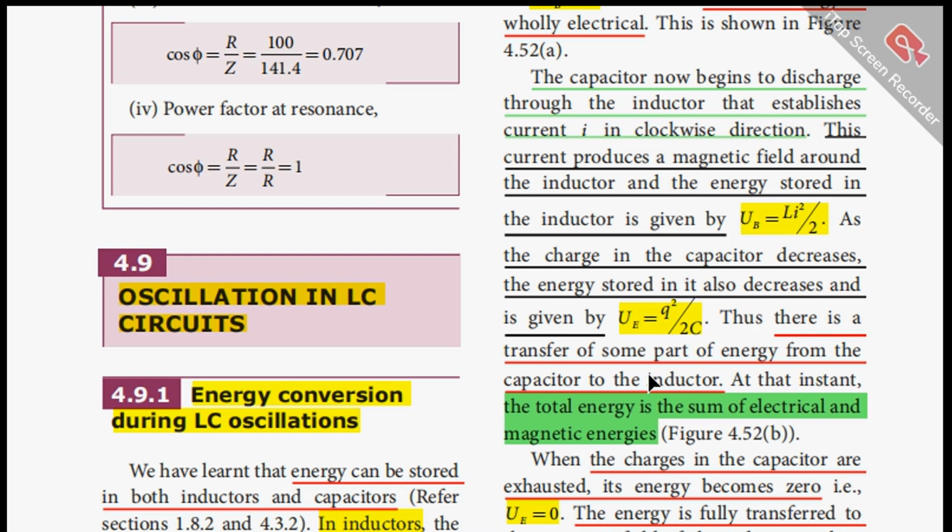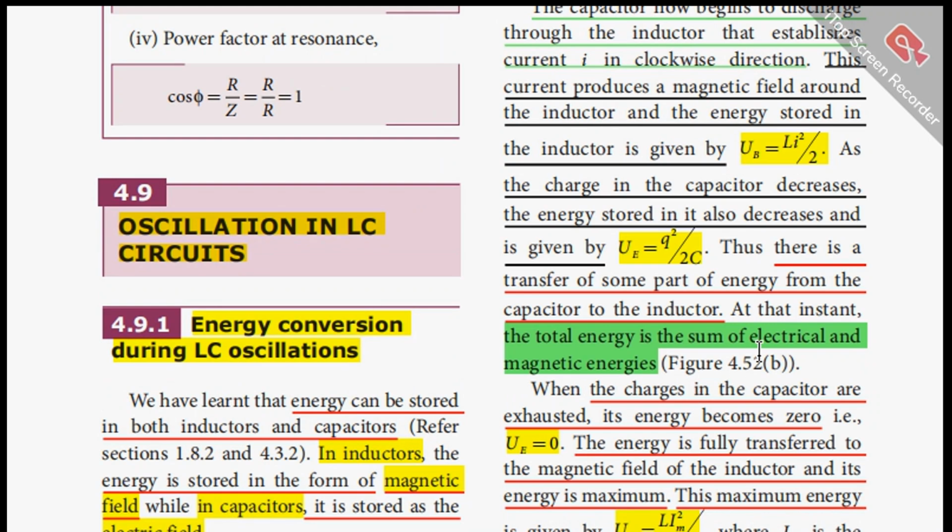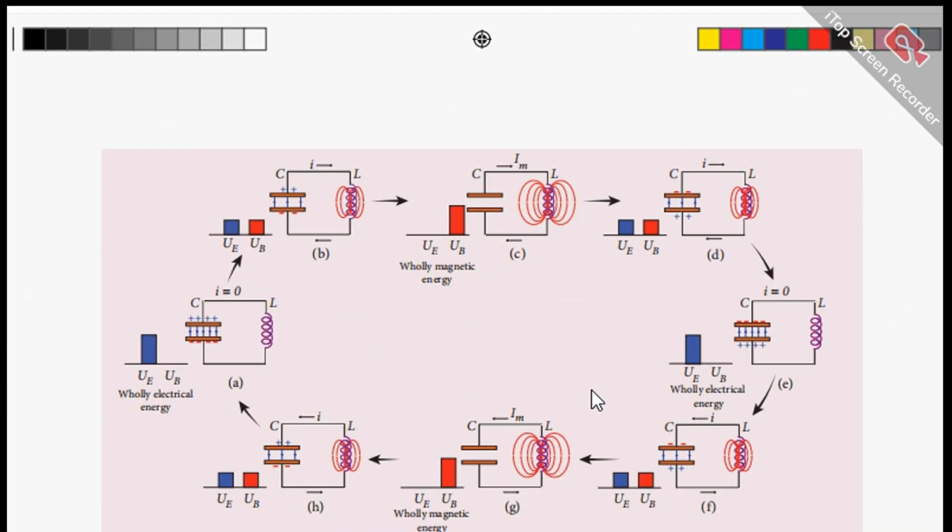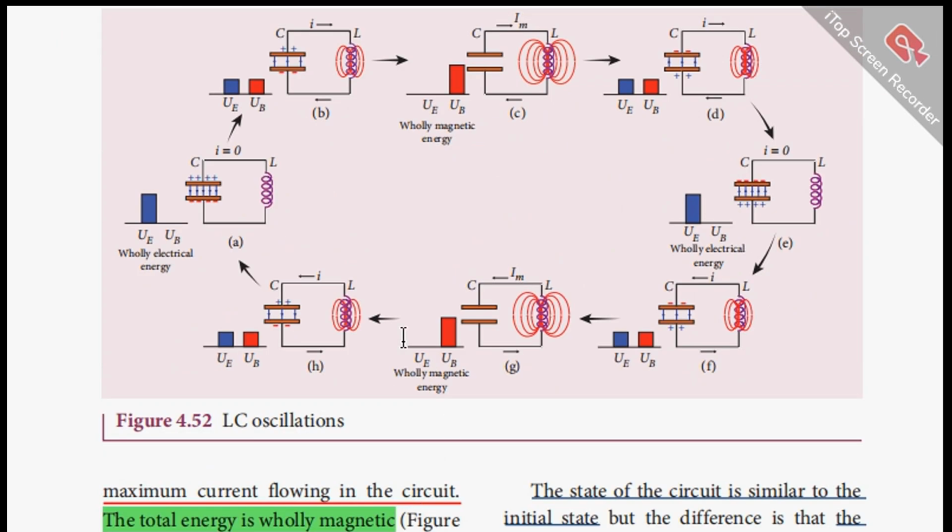Thus, there is a transfer of some part of energy from the capacitor to the inductor. At that instant, the total energy is given by the sum of electrical and magnetic energies, and that is shown in diagram 4.52b. So this is the diagram having an inductance and a capacitor, and a current I flows through it.